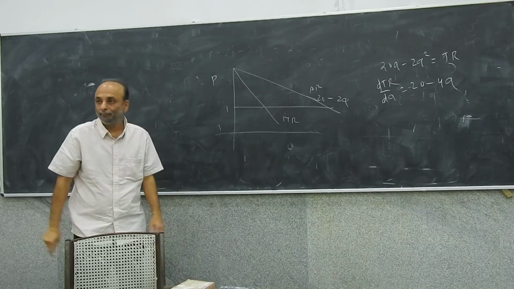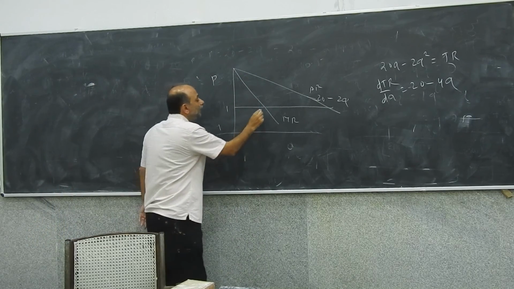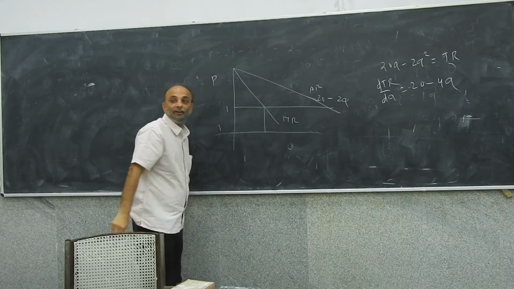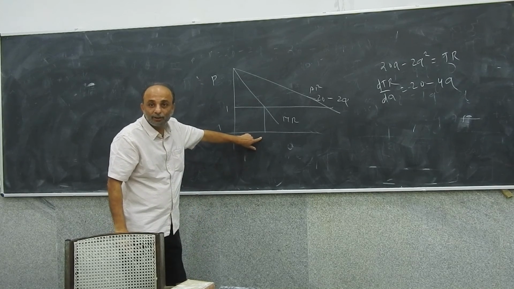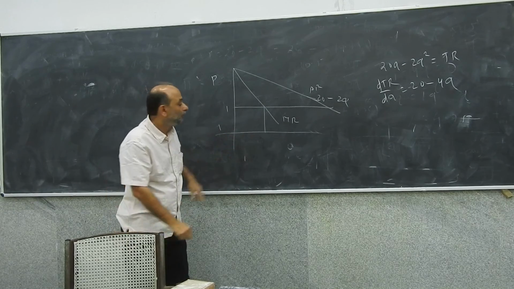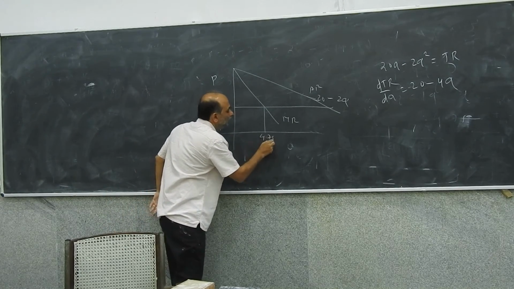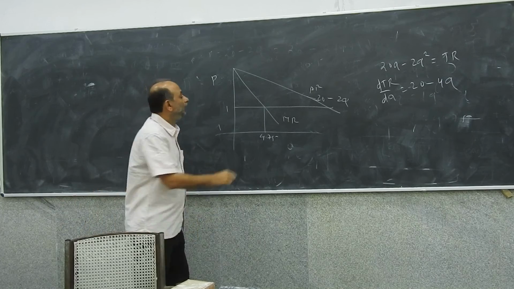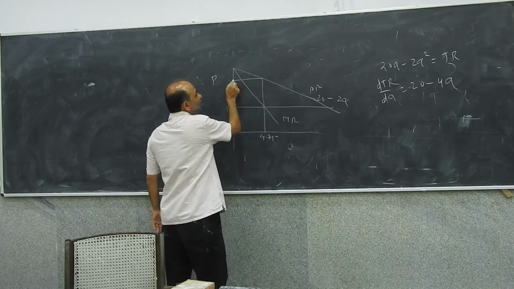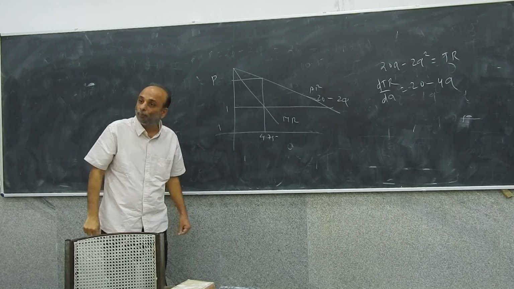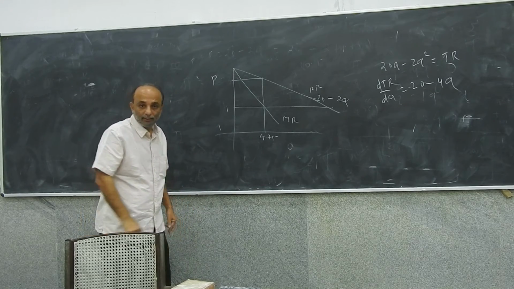This is the point where marginal cost equals marginal revenue. The quantity is the monopoly quantity, 4.75. If you come up here, this would be the monopoly price, 10.5.